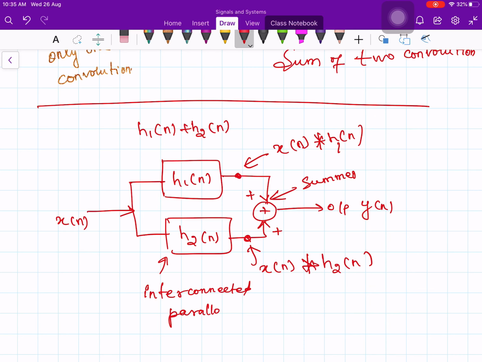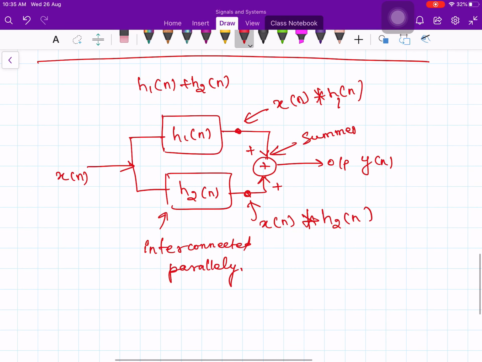Here we considered two continuous time systems, CT1 and CT2, interconnected in parallel, whose impulse responses are as shown. I have considered a discrete time system here, but you can consider it either way.